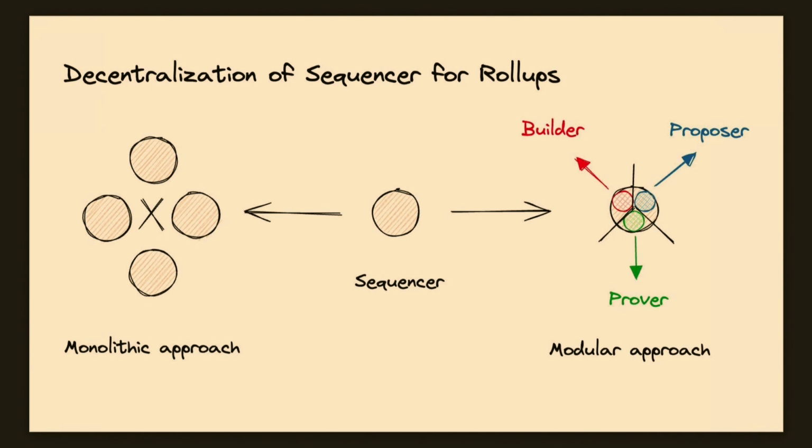So if you want to build your own rollup network, you need somehow decentralized sequencers, because centralized sequencers have really big issues like liveness, censorship, and also MEV.